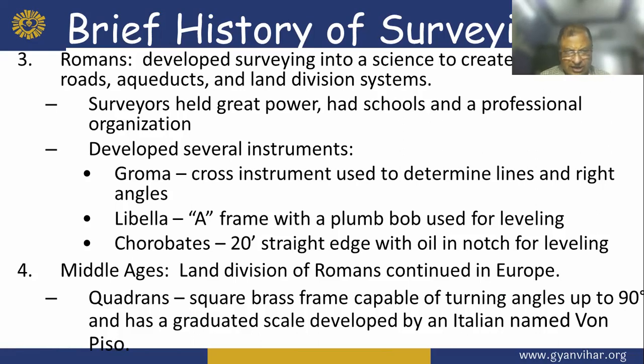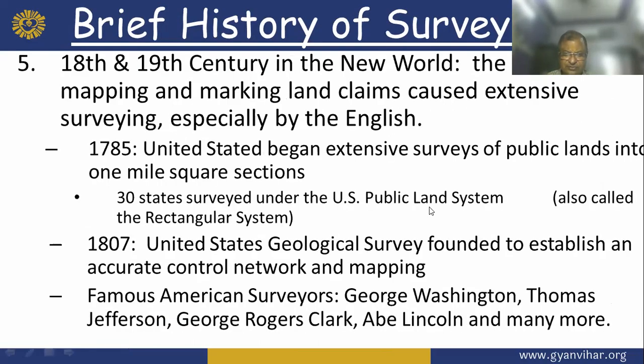In the Middle Ages, land division by the Romans continued in Europe, and the coordinate square and bars frame, capable of turning an angle up to 90 degrees and with a graduated scale, was developed in India.